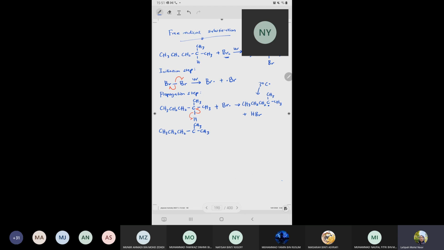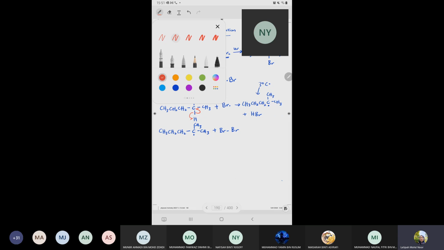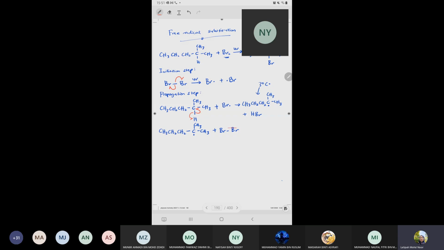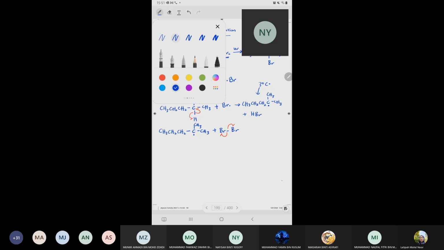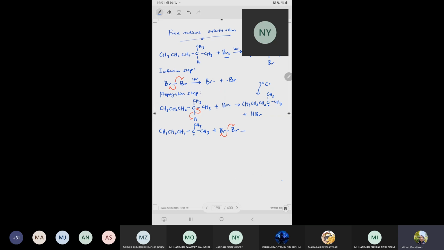Kita gunakan free radical yang kita dah buat dalam equation nombor 2. Yang ini sama dengan Br2. So, dia akan berulang-ulang. Okay. So, apa yang berlaku kat sini? Okay, it will be broken homolytically. Okay, like this. Okay, so each Br will get one dot, one unpaired electron.